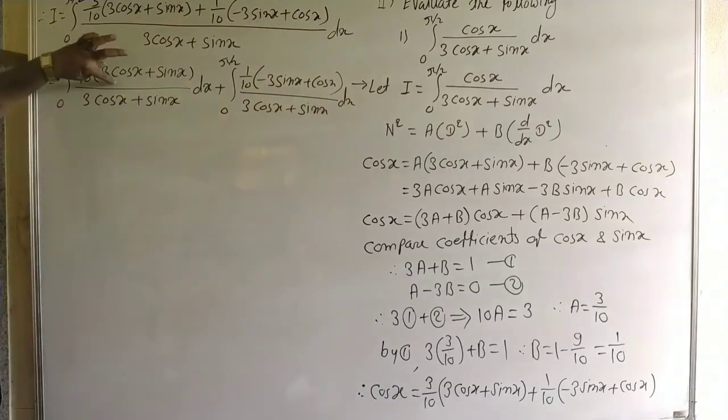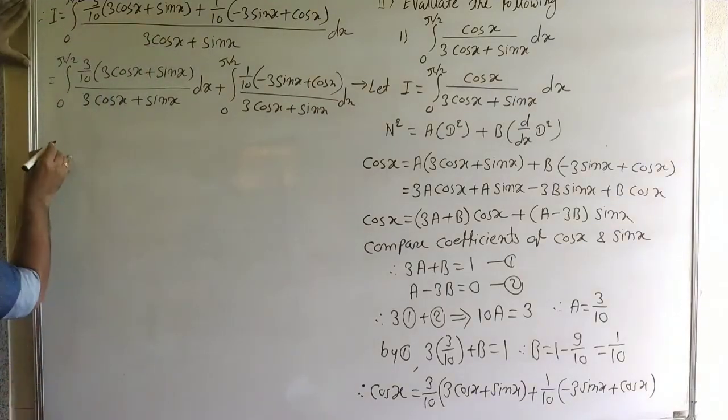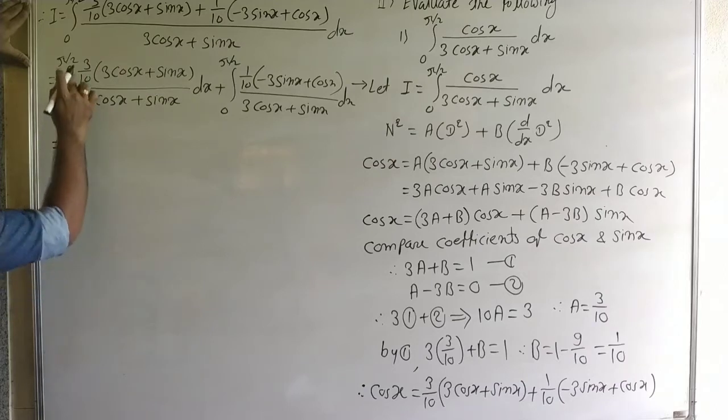Now the 3 cos x plus sin x in the numerator and denominator get cancelled. We get here only 3 by 10.